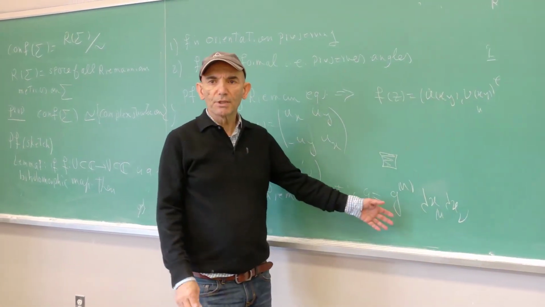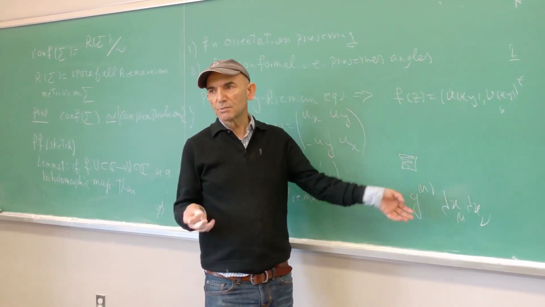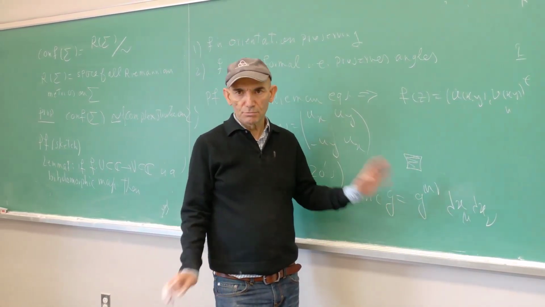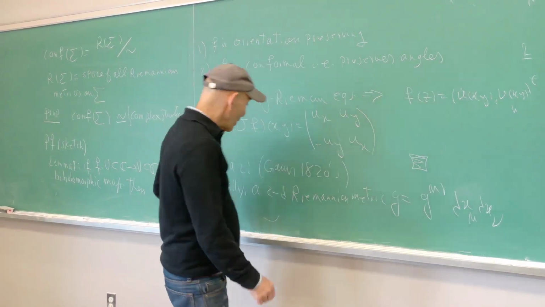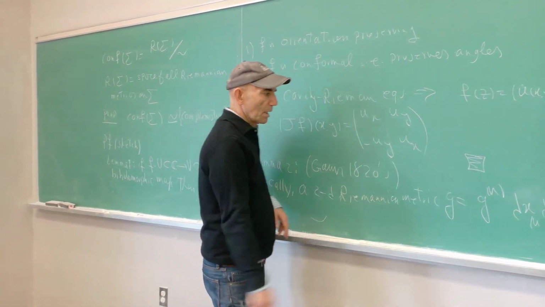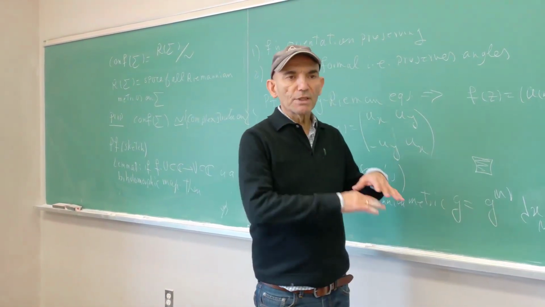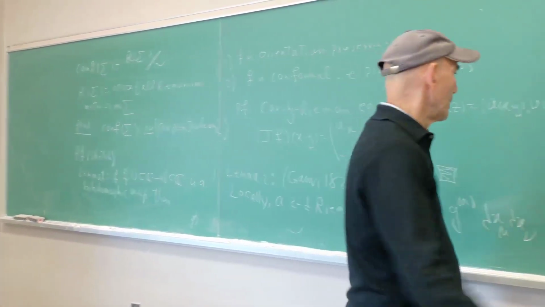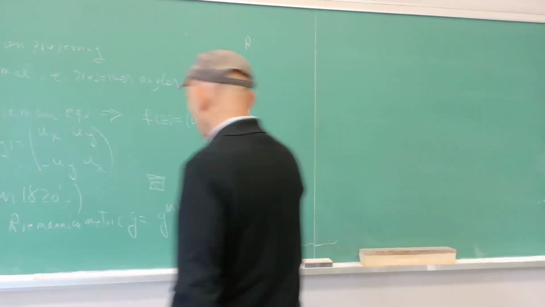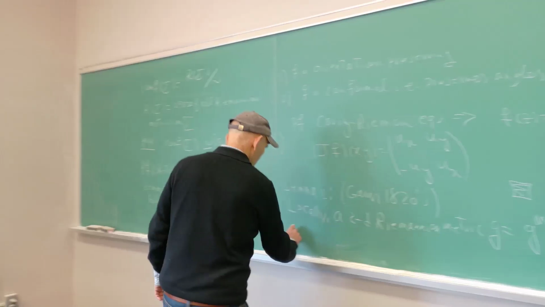Because it's a complicated 2x2 matrix, which is positive definite, and all that. It's two-dimensional, and locally it can be written in a very special form. It is locally conformally flat.